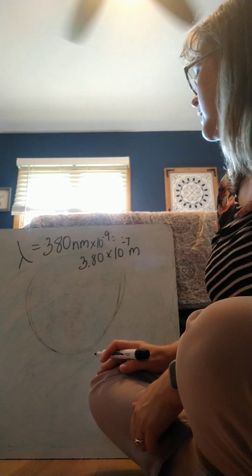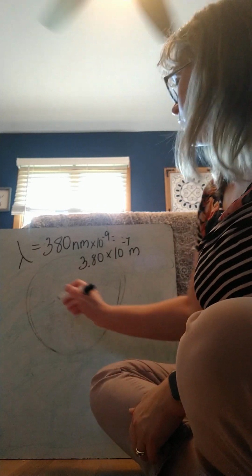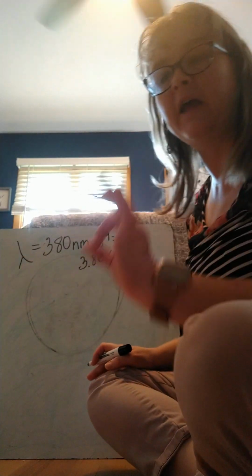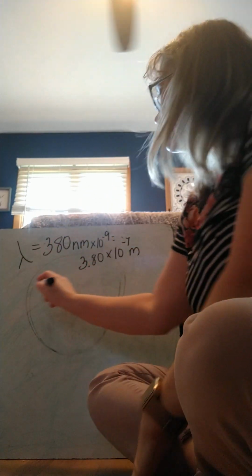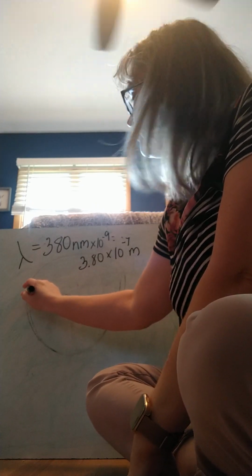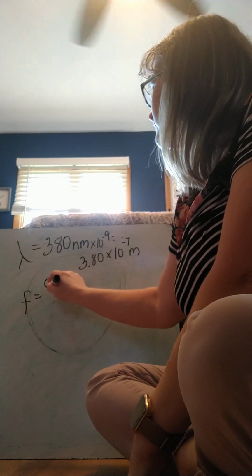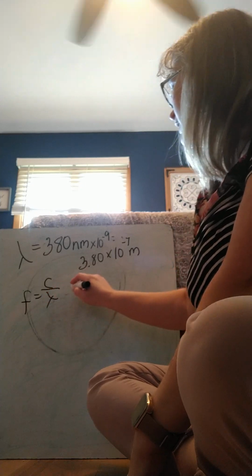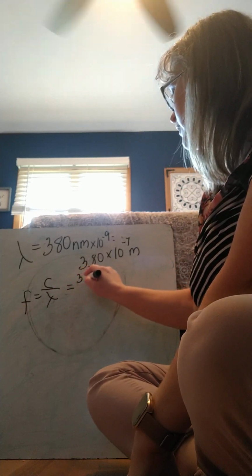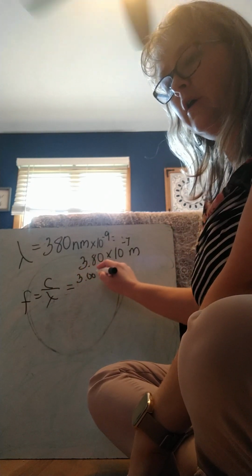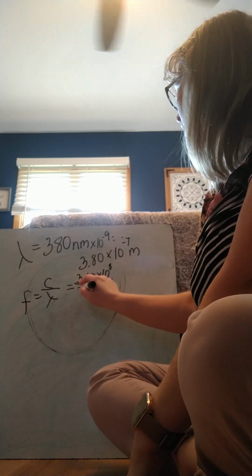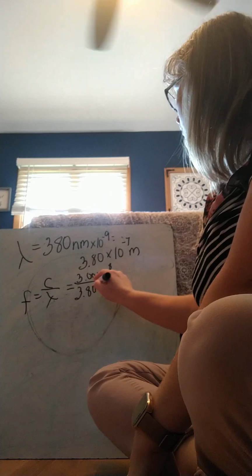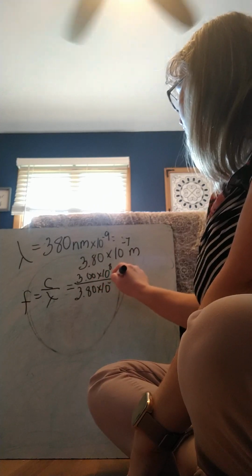Okay? Now, to find the energy, we have to first find the frequency. Wavelength doesn't get us anywhere. But we can find frequency is C over lambda. C is 3.00 times 10 to the 8th divided by 3.80 times 10 to the negative 7th.